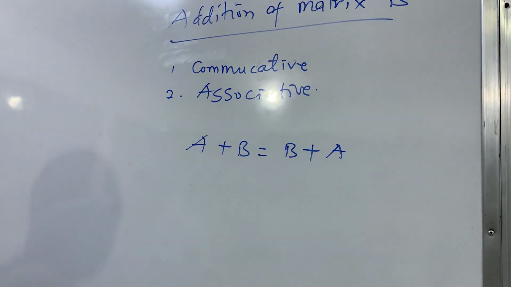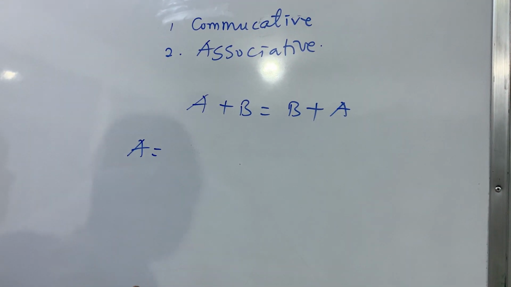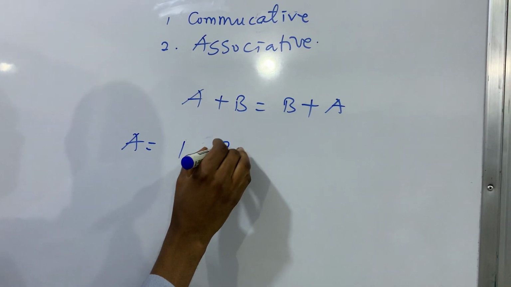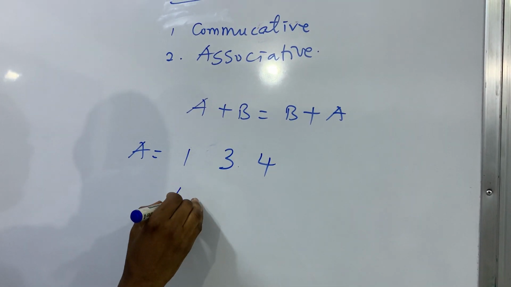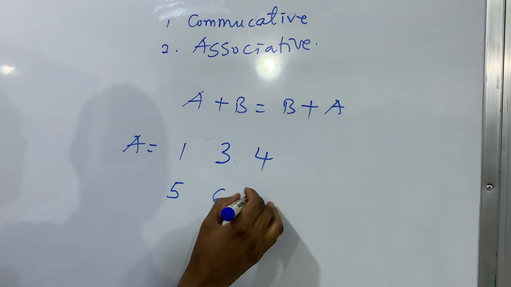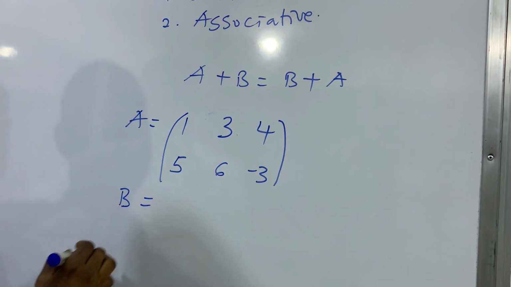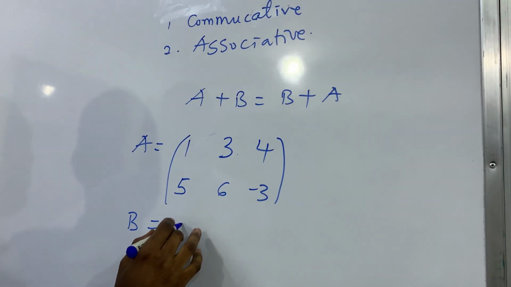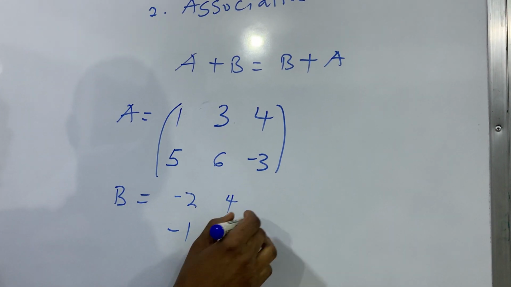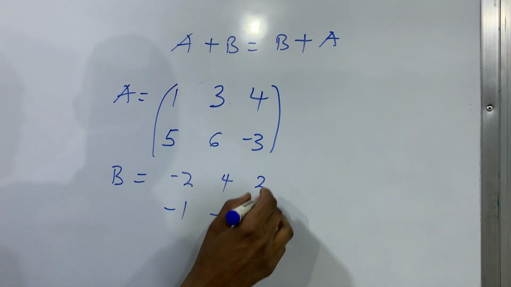What it means is that if we have matrix A to be 1, 3, 4, 5, 6, and minus 3, and matrix B will be equal to minus 2, minus 1, 4, minus 5, 2, minus 3.